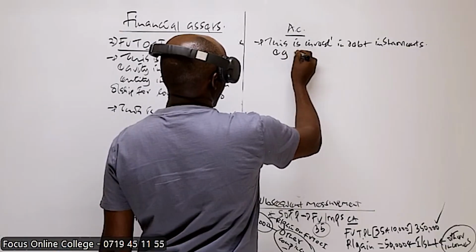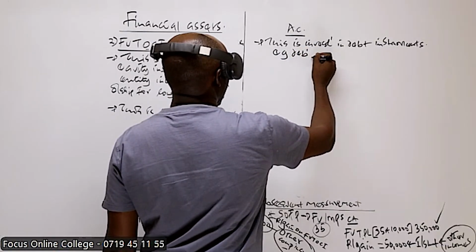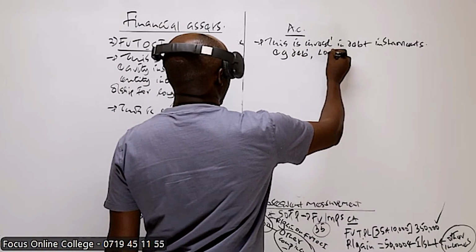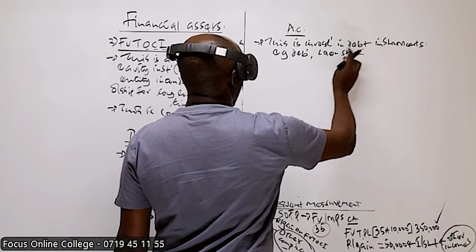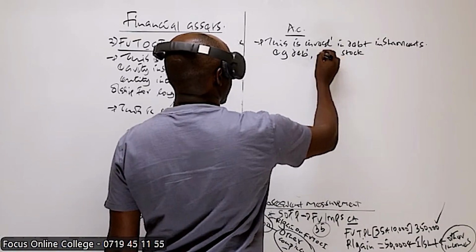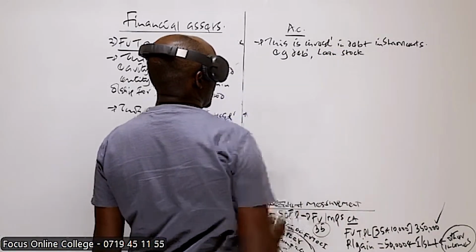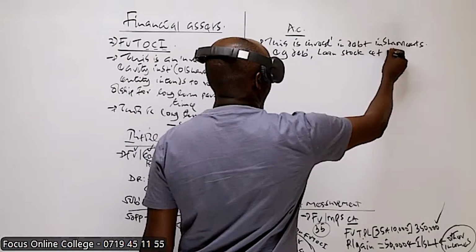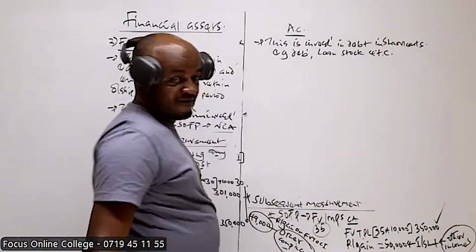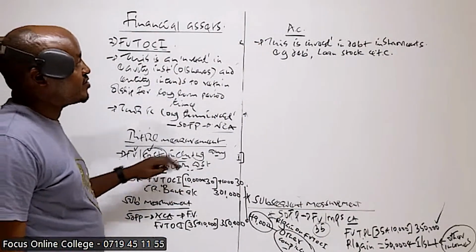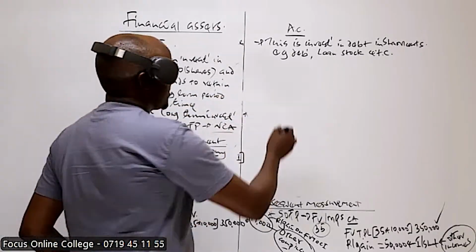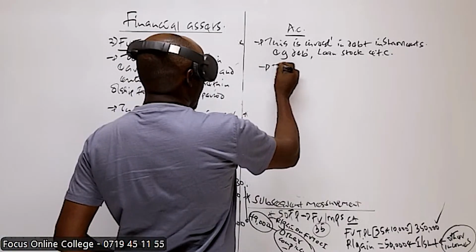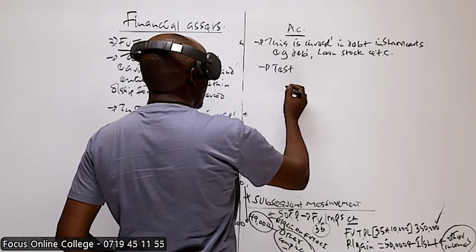Those are debt instruments, e.g. investment in debentures, investment in loan stock, etc. Now, for any financial asset to qualify to be classified under this category, as per IFRS 9, such a financial asset must pass two tests.